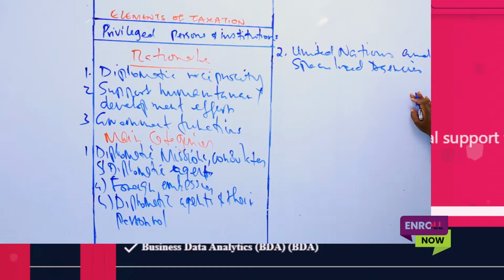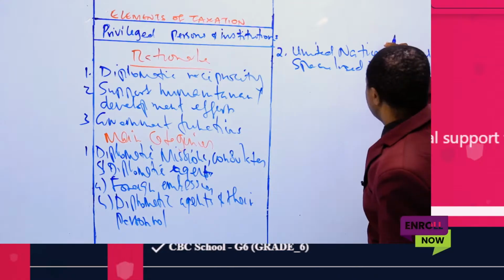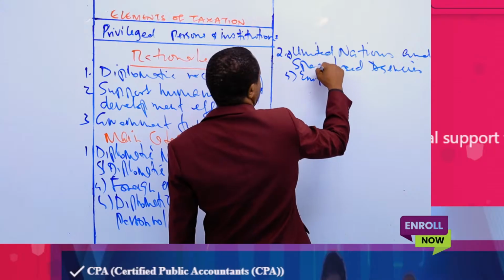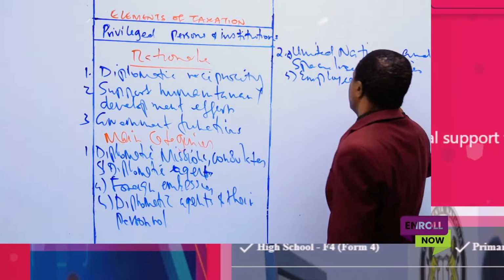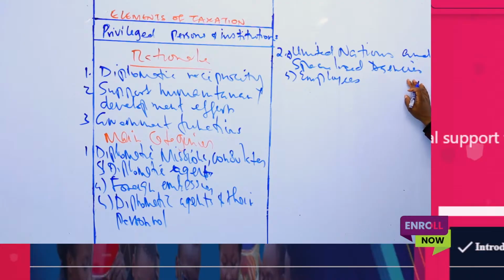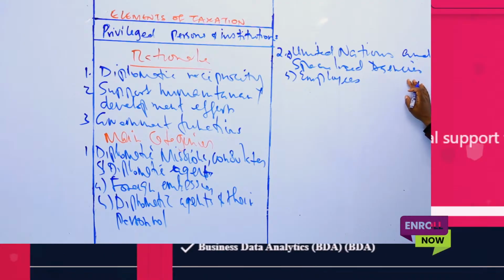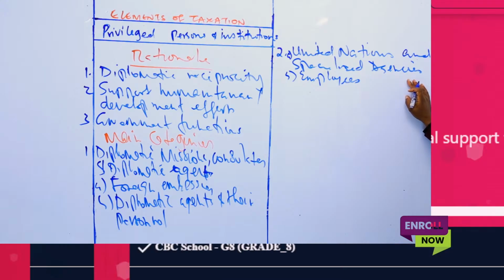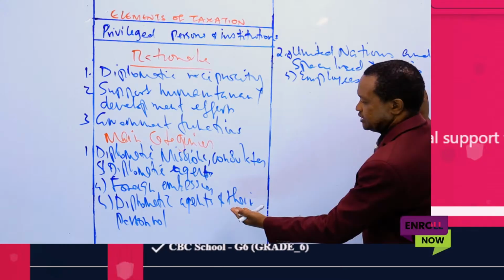We may also have employees of the UN. So we have these bodies, including their employees. The employees of the United Nations and of the specialized agencies are similar to the diplomatic agents and their personnel.